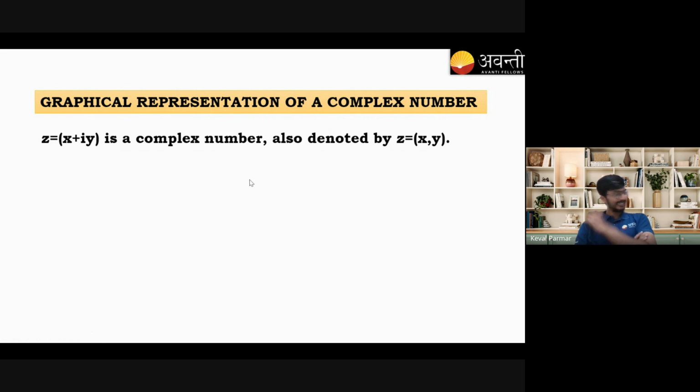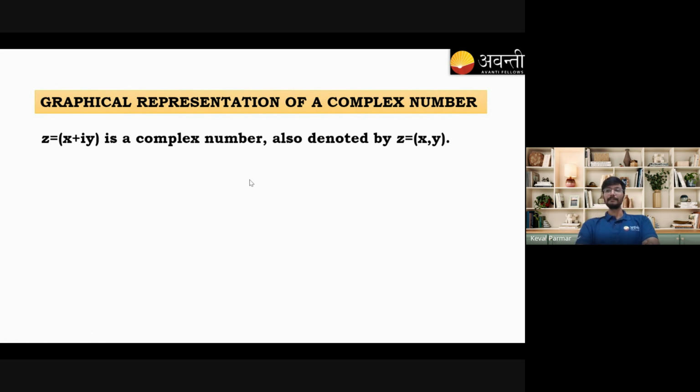Not exactly an xy plane, guys, because in the xy plane only real numbers can be plotted. The x-axis is real numbers, the y-axis is real numbers. But here we have complex numbers. So to plot complex numbers on a 2D plane, that plane is called Argand's plane.